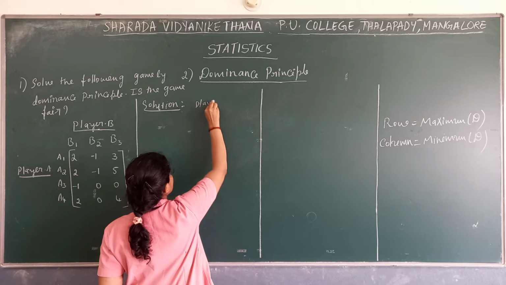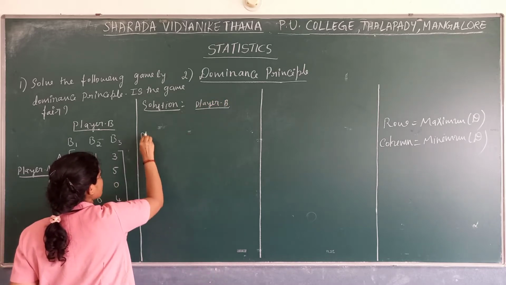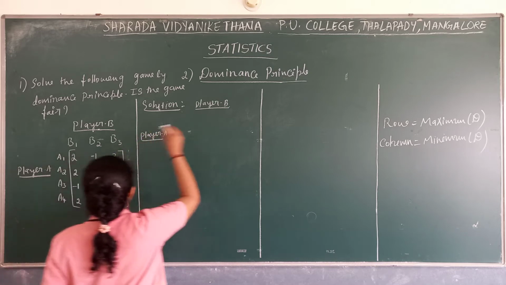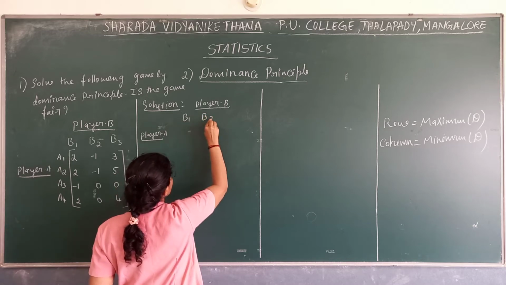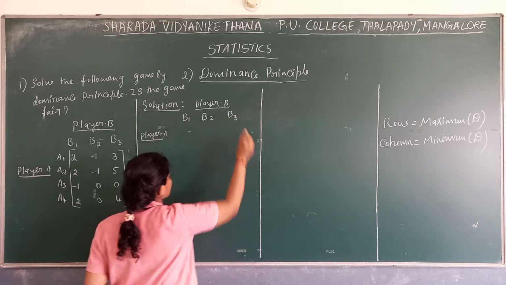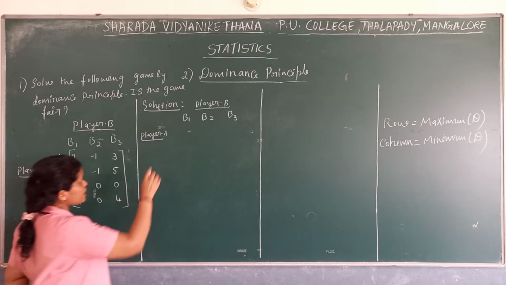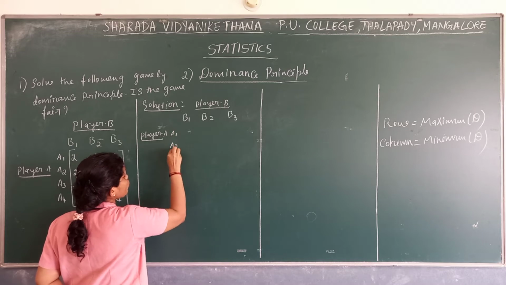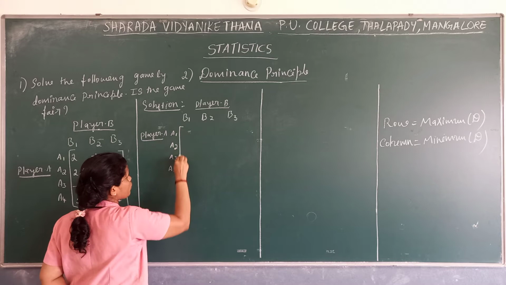Player B on this side and player A here, with strategies B1, B2 and B3 for player B, and player A takes the strategies A1, A2, A3 and A4.